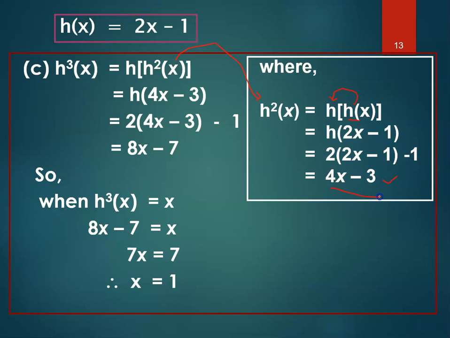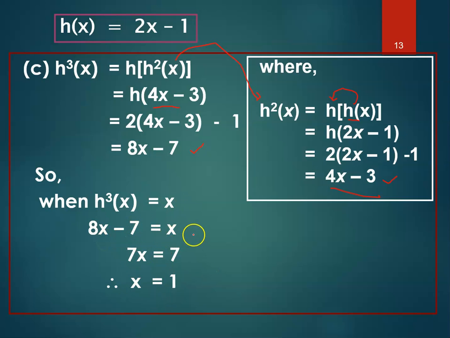So now you have this thing, you can substitute into this. Okay. So you have h cubed x is actually 2 times this whole thing that you already found, and then the last answer will be 8x minus 7. So when h cubed x equal to x, 8x minus 7 equal to x.